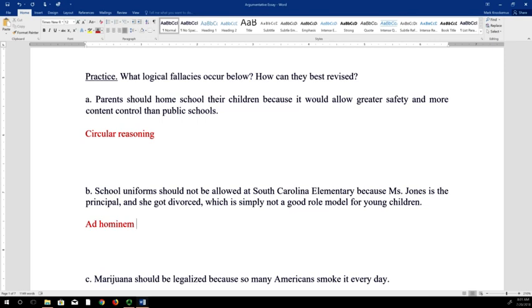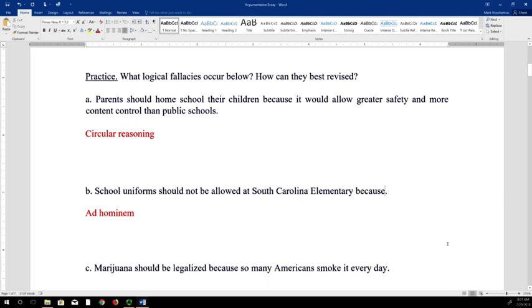And when that happens, it's a logical fallacy. Just because the principal, Miss Jones, got divorced is not a reason that you shouldn't have school uniforms. So what do we have to do? Right? So this is where we have a logical fallacy. This has to go away.